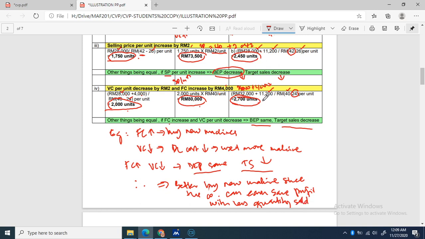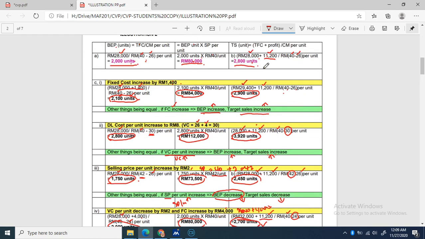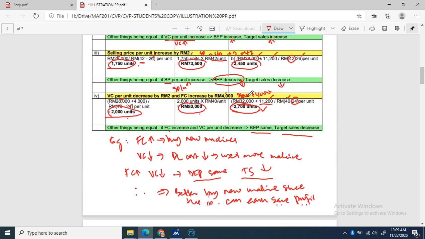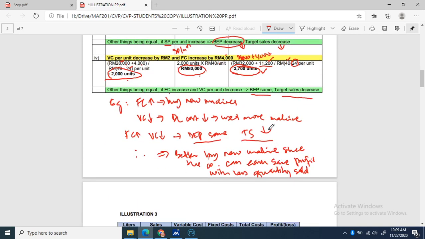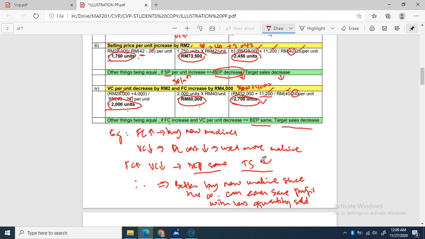That means the company can sell only 2,700 to get 11,200 profit. If they do not buy the machine, they have to sell 2,800 to get the profit of 11,200. So it's better for the company to buy the new machine, in order to get the same profit they have to sell only 2,700.